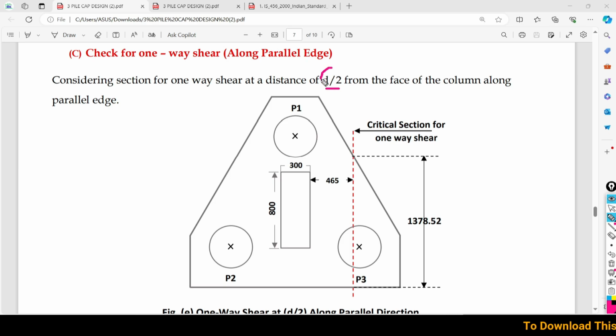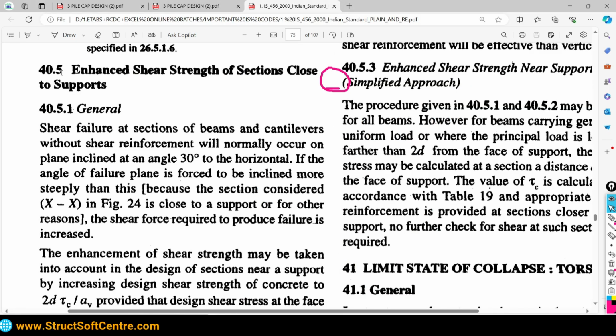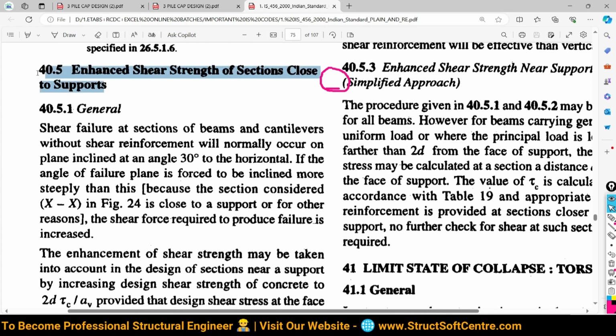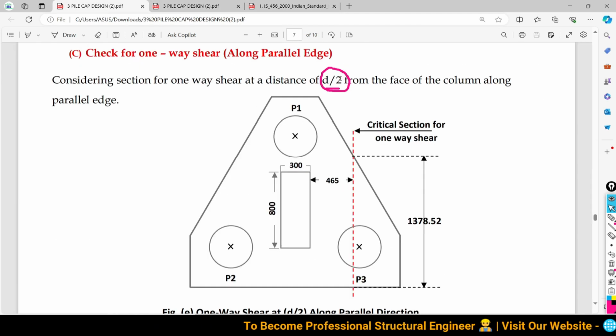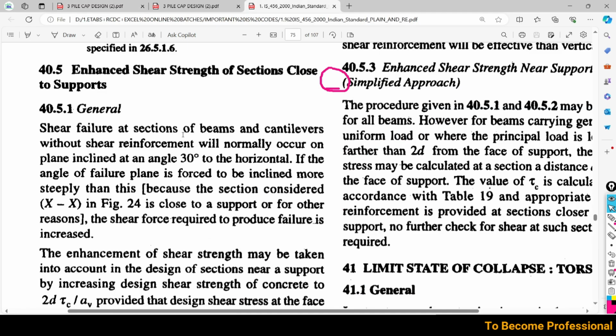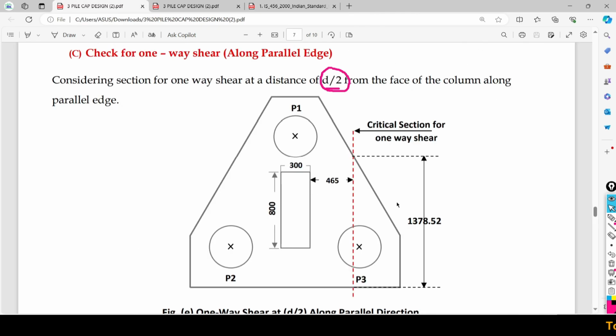I will explain it when we talk about clause 40.5, enhanced shear strength of the section close to the support. In the light of this codal recommendation, we are going to consider the one-way shear section at a distance of d by 2 instead of d. I will talk about this later in detail, but here I am going to proceed with the critical section at a distance d by 2.